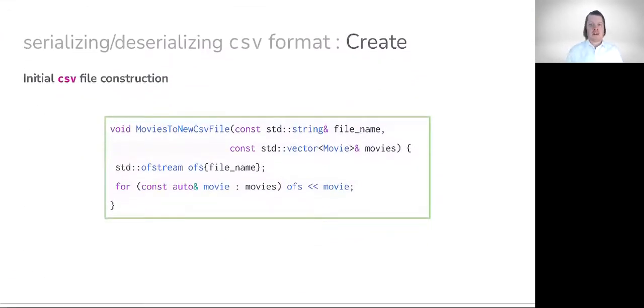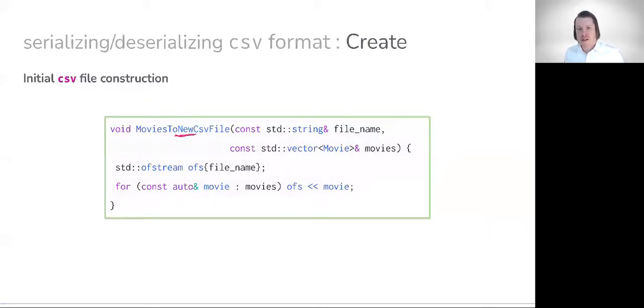So I'm simply defining a function called movies2 new CSV file. I'm emphasizing new within the name of this function, let's underline it, because I'm going to open the file in a way that would overwrite any contents within that file should it already exist.